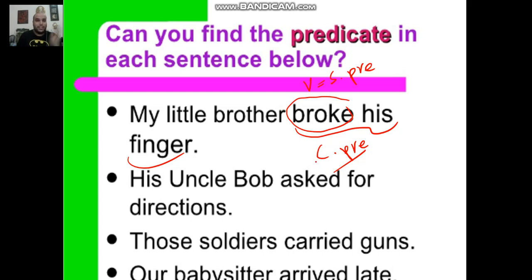Clear? So, the simple predicate is the verb. The complete predicate is the verb plus what comes after it. All of it. Okay? The simple subject is the essential subject which we cannot omit.